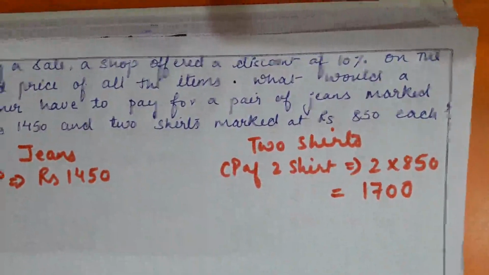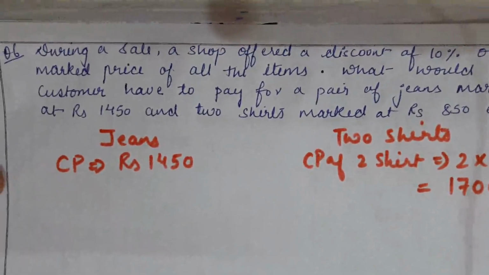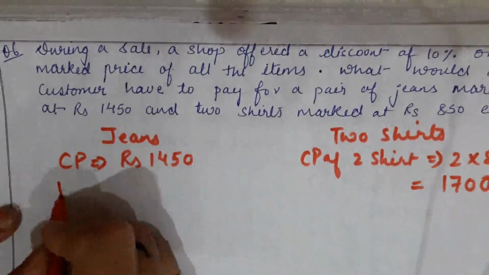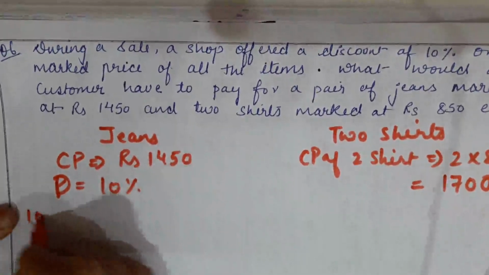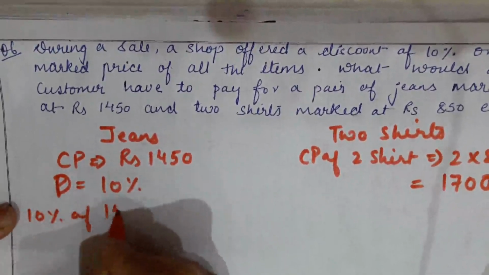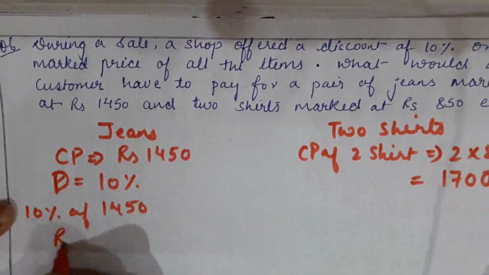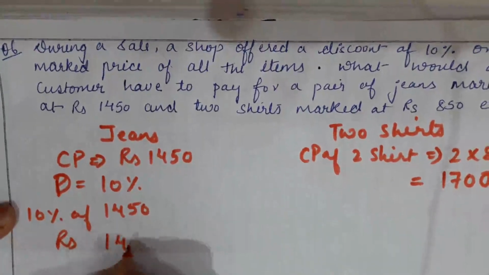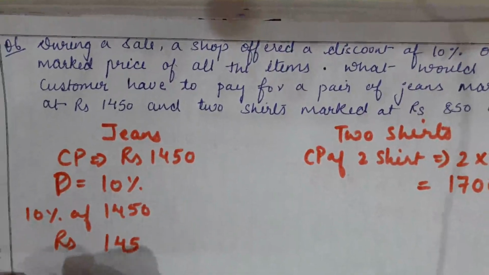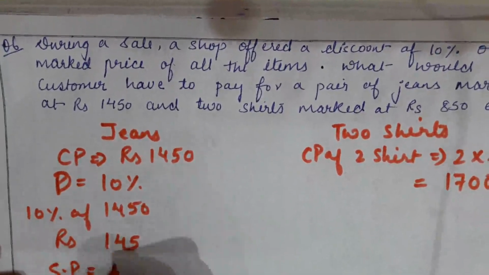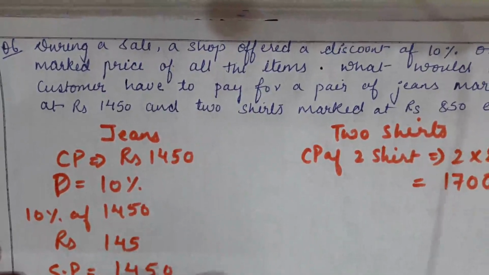Okay, so let's find out the selling price of these jeans. He is getting a discount of 10%. So 10% of 1450, he will get rupees 145. Okay, so he is getting a discount. It means the selling price will be 1450 minus 145.